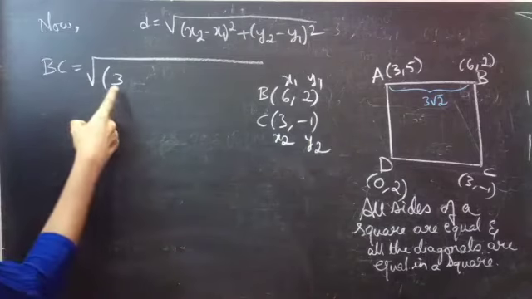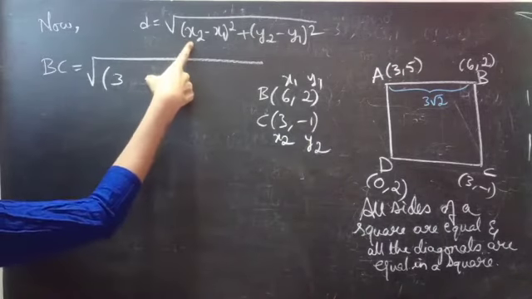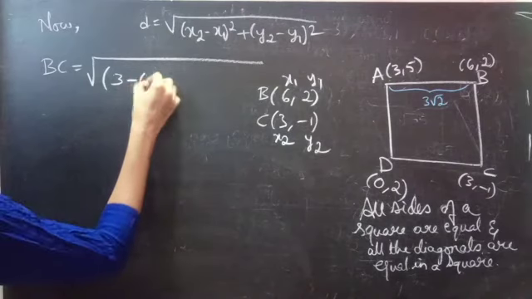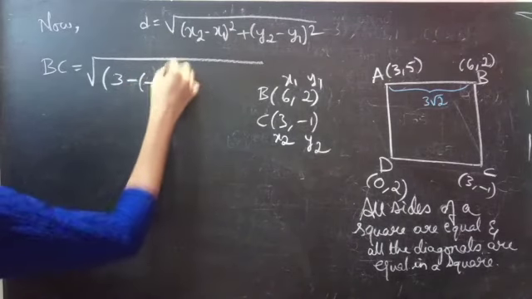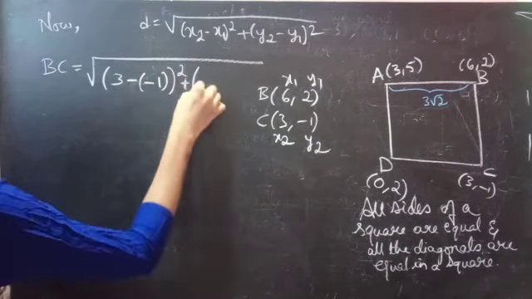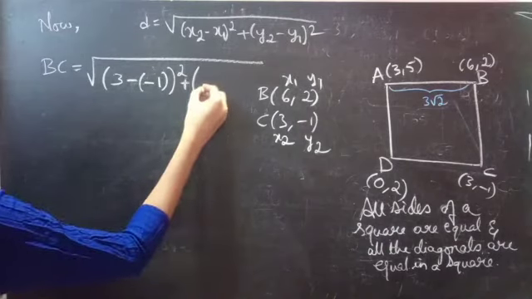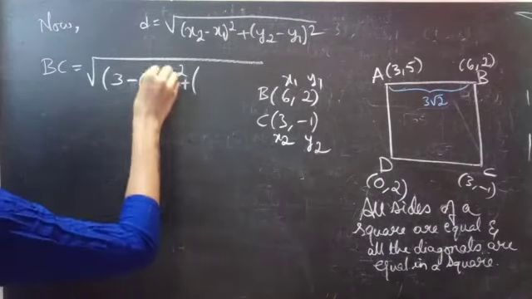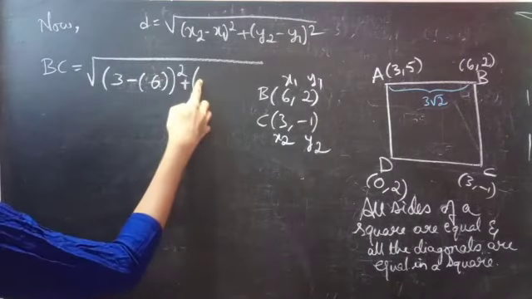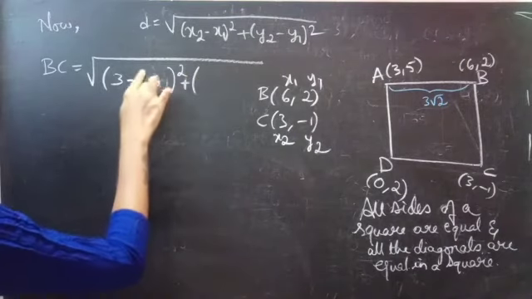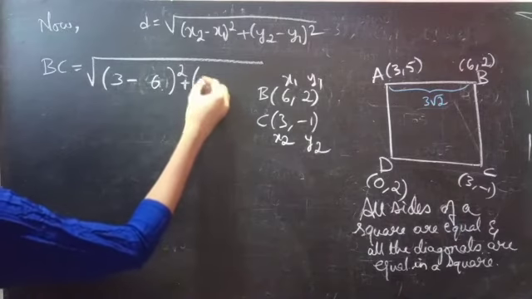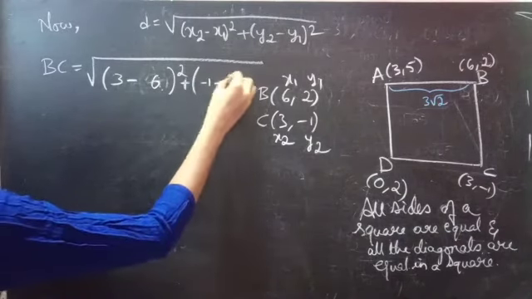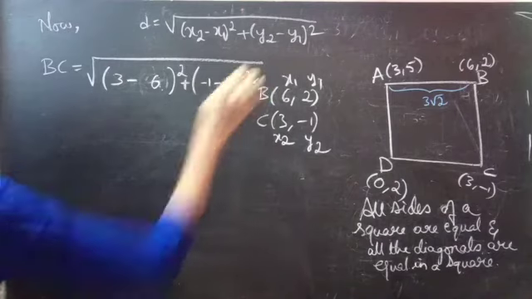So you're having x2 equals 3. Substitute 3 in the place of x2 minus x1, which is 6, whole square, plus y2, which is minus 1, minus y1, which is 2, whole square.